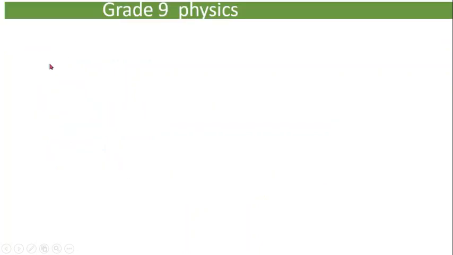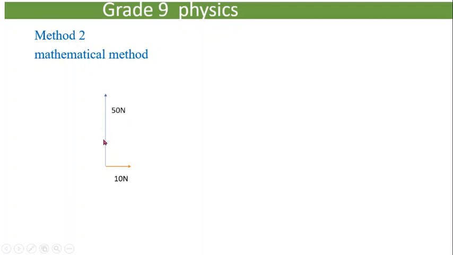Let's solve this problem using the mathematical method, which is method 2. Now let's draw the vectors as given earlier. This was the 10 Newton force, and we have also the 50 Newton force. This is vector x or force x that balances or cancels out these so that the object remains stable or in equilibrium position.